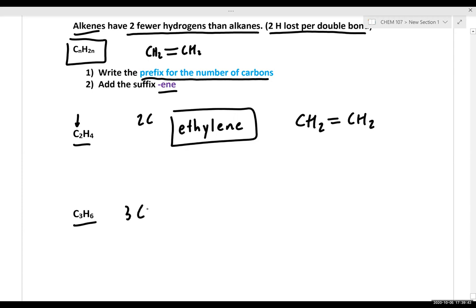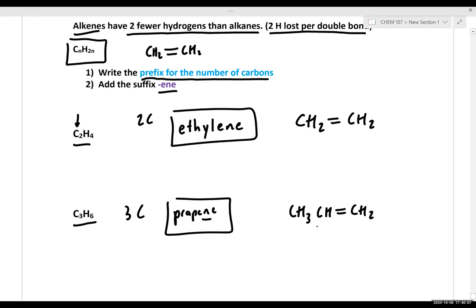C3H6, we have 3 carbons, so that's propene. And propene looks something like this. Do the rules for naming alkenes make sense to everyone?